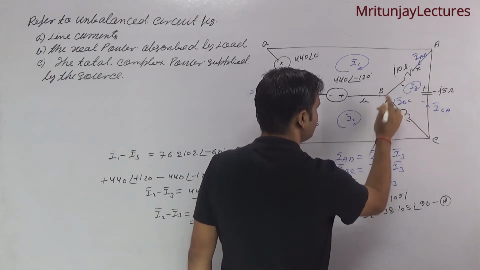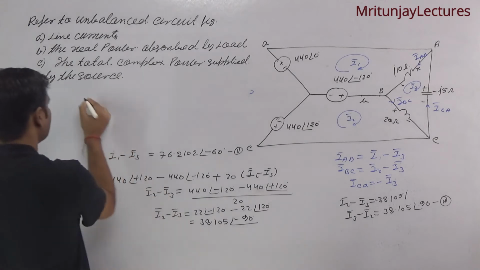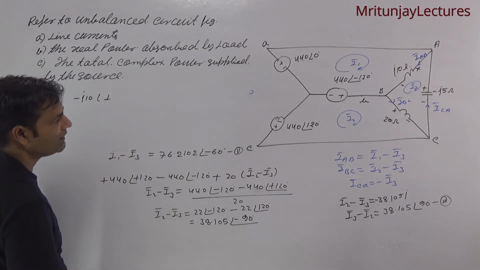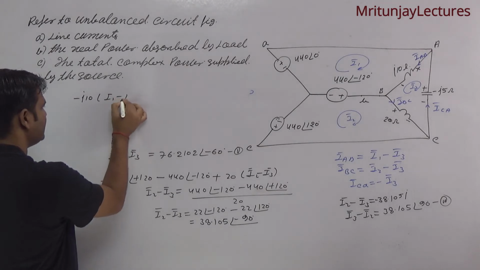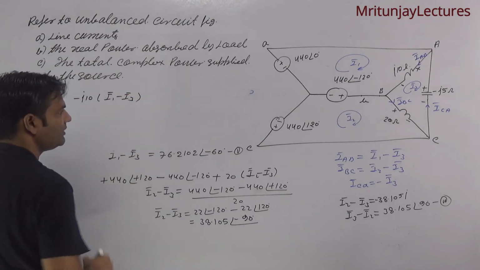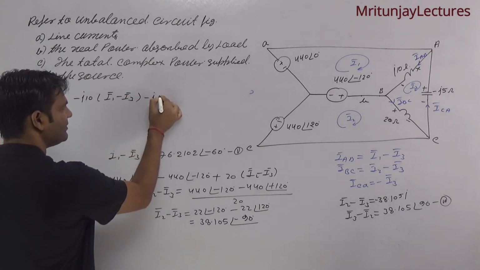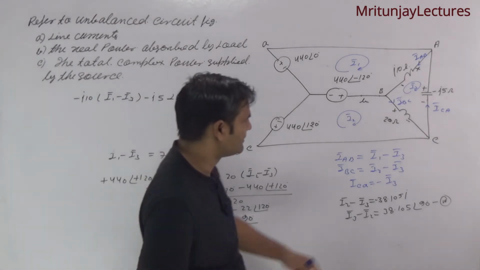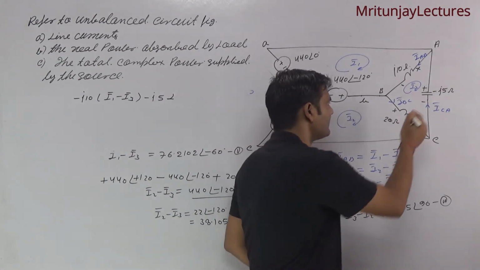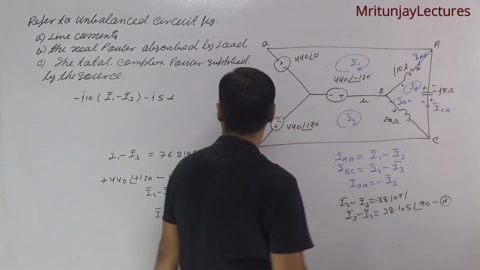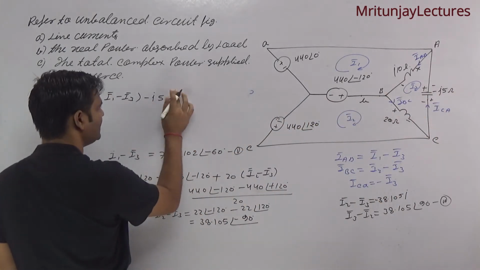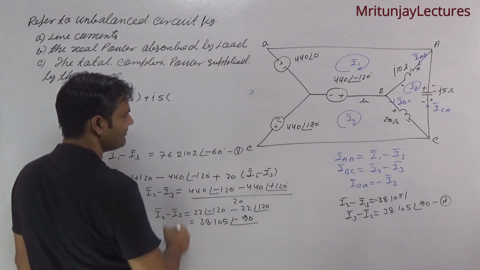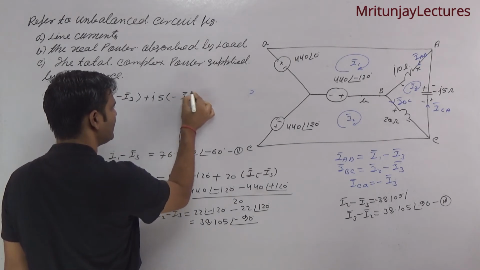So minus J10 times I of AB, that is I1 minus I3. Clear? Very simple. Minus J5 into ICA, direction of current from positive to negative, ICA is written as minus I3.